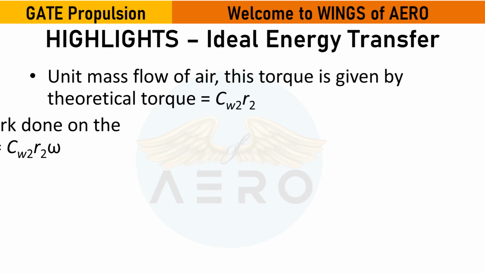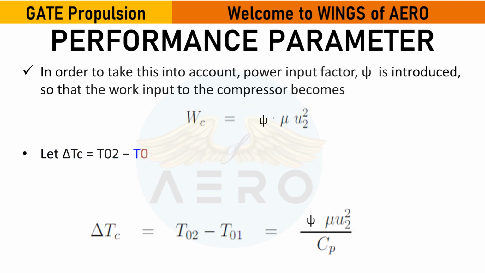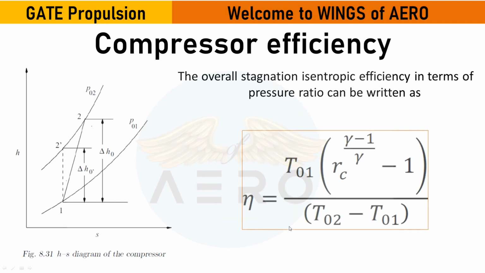This is the pressure ratio formula which we have already seen here. If the pressure ratio decreases, it will again affect the efficiency as well. So these are the advantages and disadvantages of the pre-whirl condition.